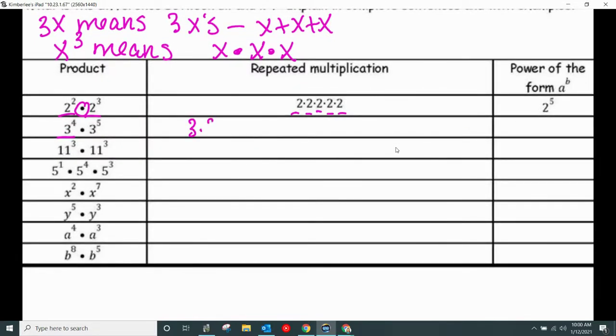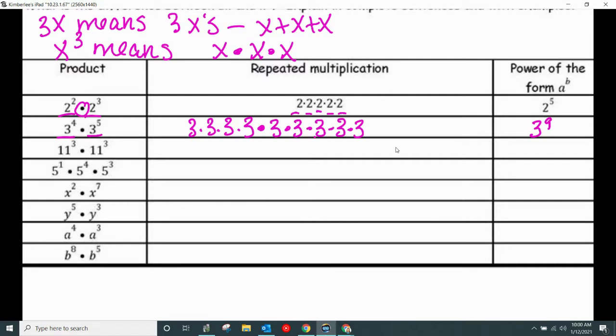That's 4 threes, and 3 to the 5th is 5 threes. Whoops, y'all, I keep writing the wrong thing. Okay. So how many 3's do I have? Well, that's really 3 to the 1, 2, 3, 4, 5, 6, 7, 8, 9th, because that's 3 multiplied times itself 9 times.